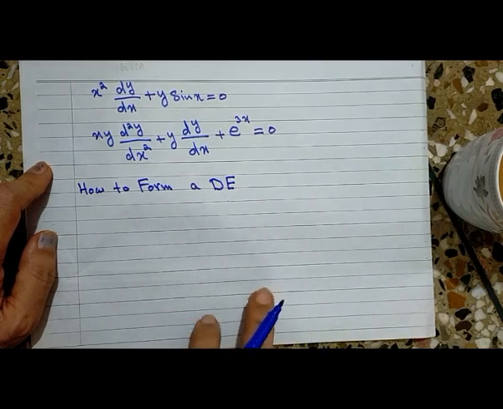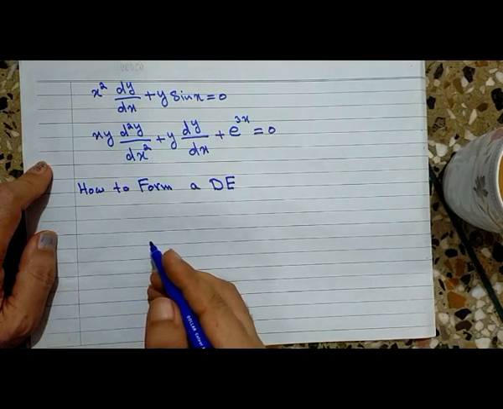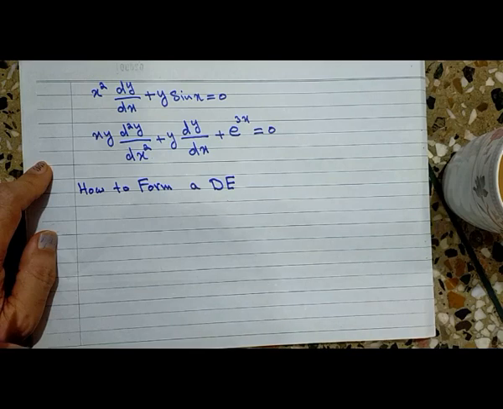So a differential equation can be formed in practice from a consideration of the physical problem to which they refer. Mathematically speaking, they can occur when arbitrary constants, I repeat this word, arbitrary constants are eliminated from a given function.